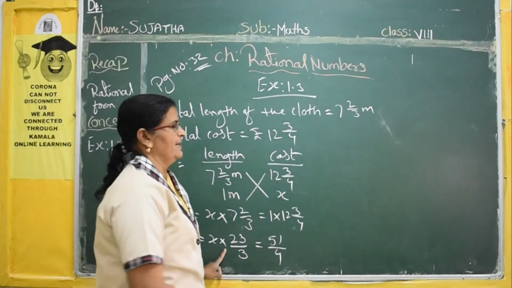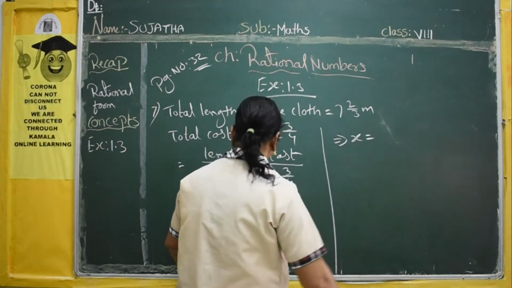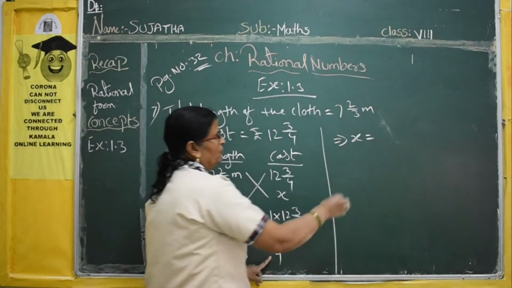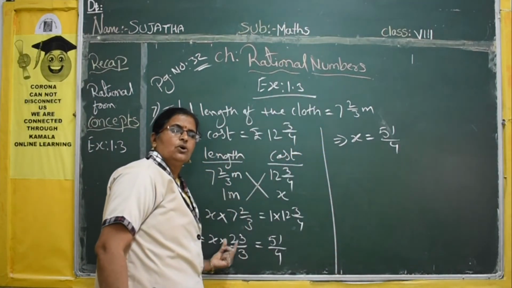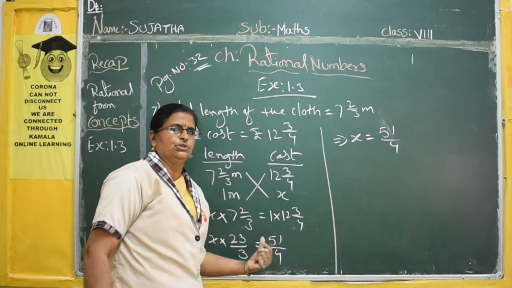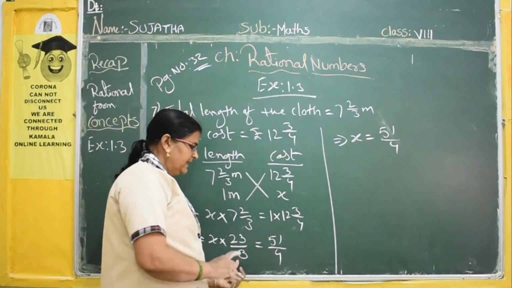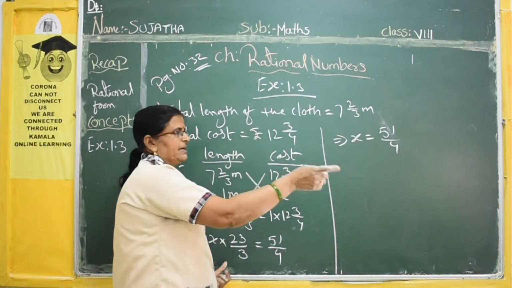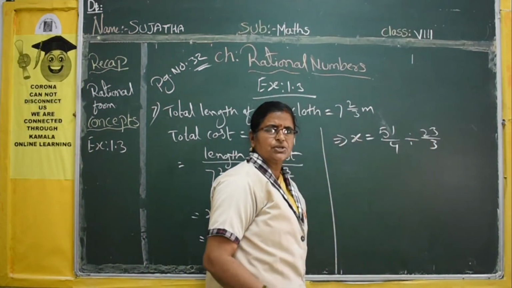Now we want the x value. So it implies x is equal to 51 by 4. When this multiplication goes outside, it changes into division. It is in multiplication, no? This is 23 by 3. When the 23 by 3 goes outside, it changes into division. Understood?